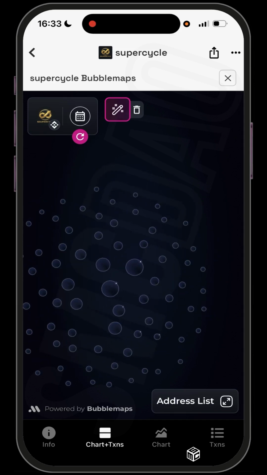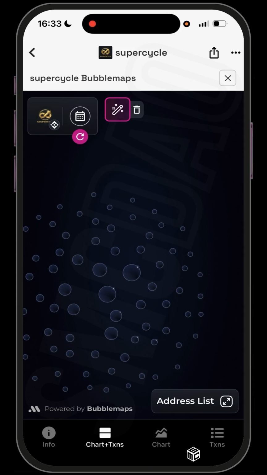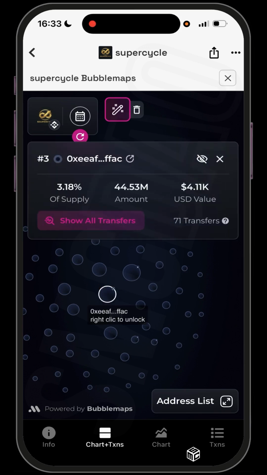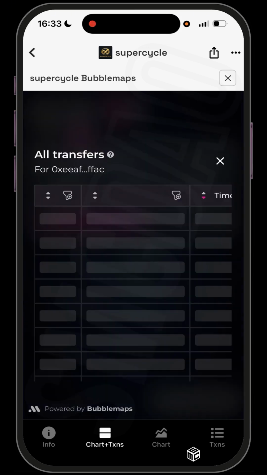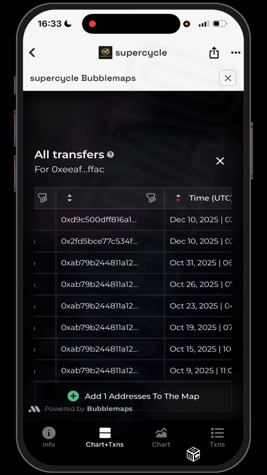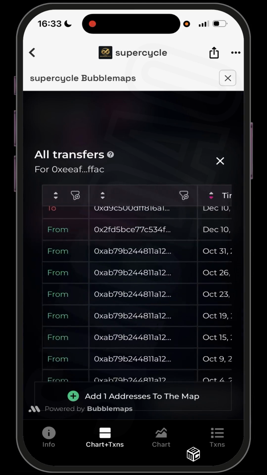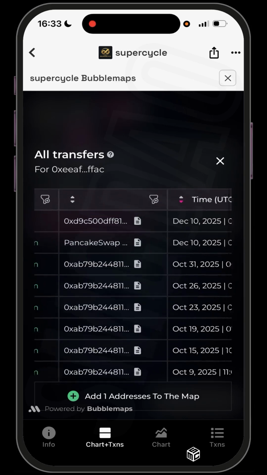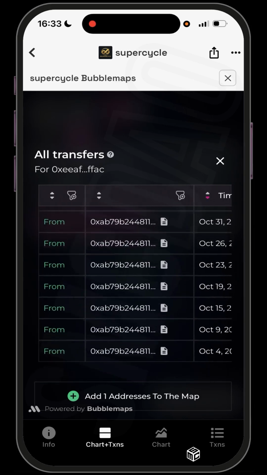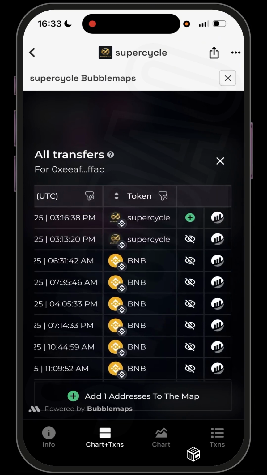It's not too much. You can also check bubbles interacting with the liquidity pool, naturally normal buys and sells. So you can check over here, and you can also click on all transfers. So you see that this was sent to this address, then from this address to this particular address.